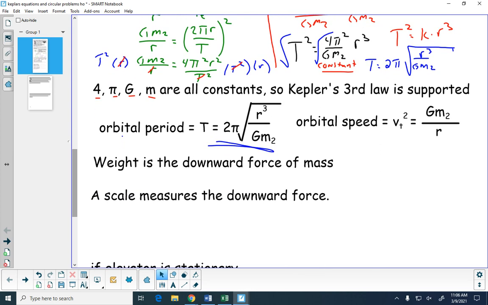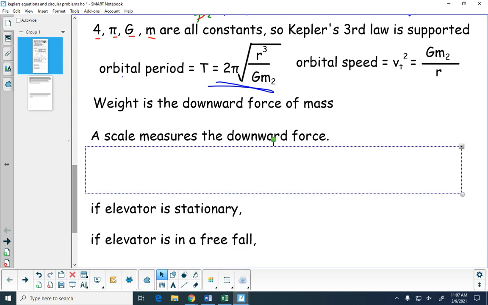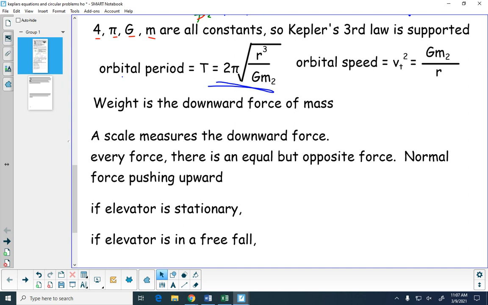Weight is the downward force of mass. We have a mass here, this pen. The weight is that downward force of that mass. When you step on a scale, you weigh the downward force of your mass. A scale measures the downward force of a mass.